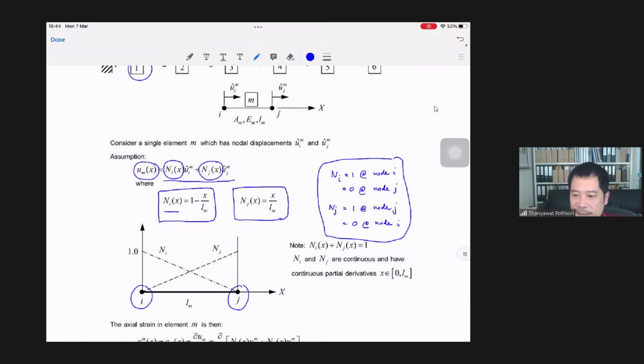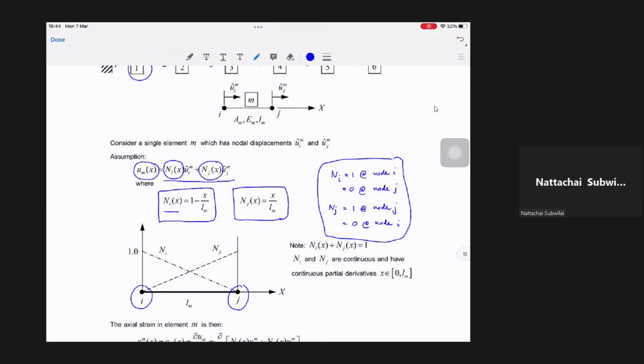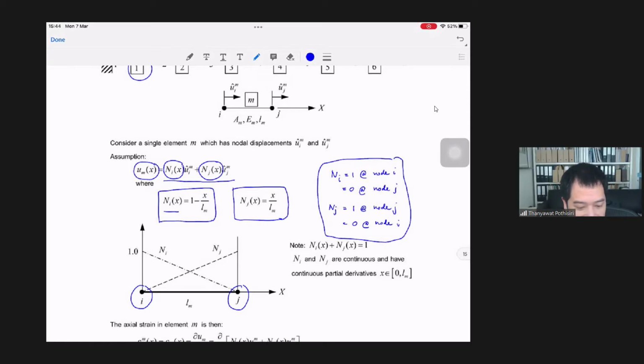Okay, let me ask our friends here then. Natachai, are you there? Yes, I am. Do you think that our displacement interpolation function can look different from this?